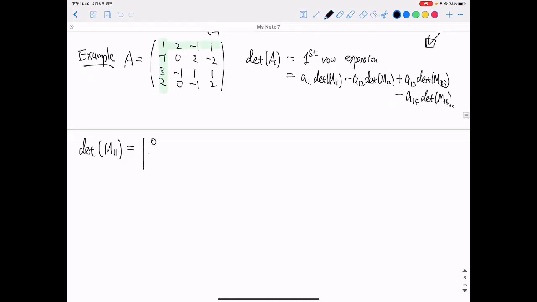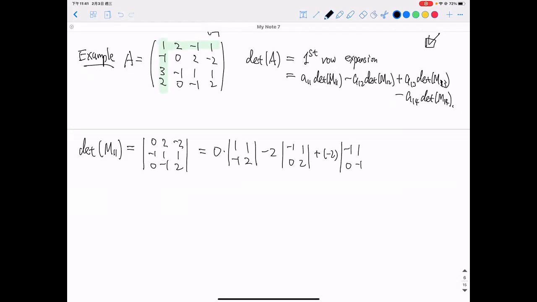So the determinant we're computing is the following. And so this we can then continue to follow the definition using the first row expansion. And that's going to give us this expression.